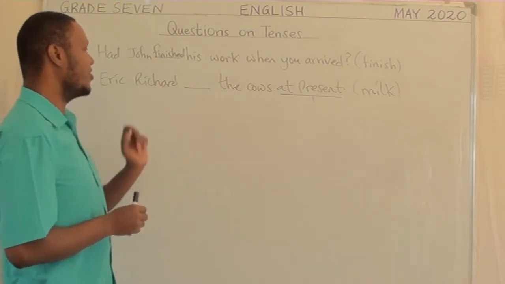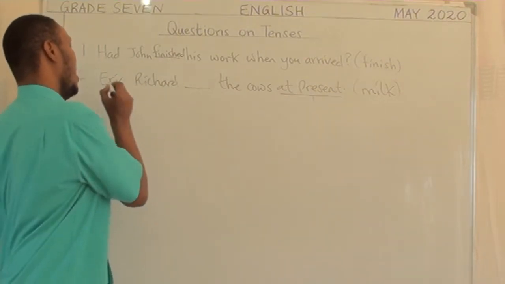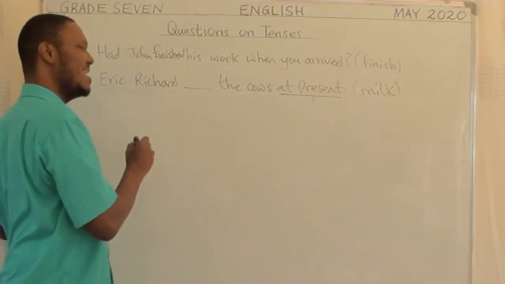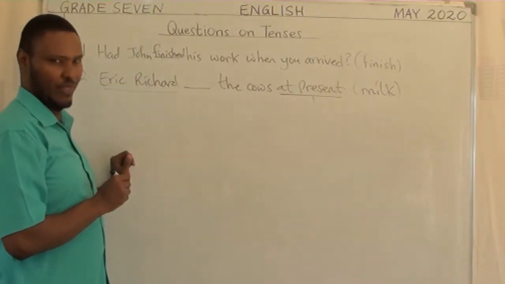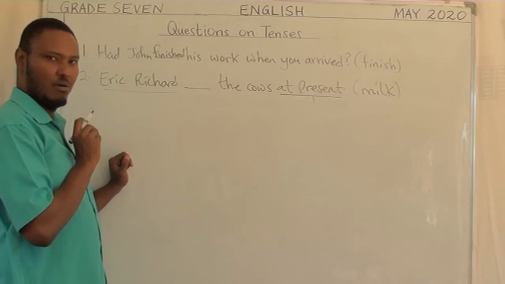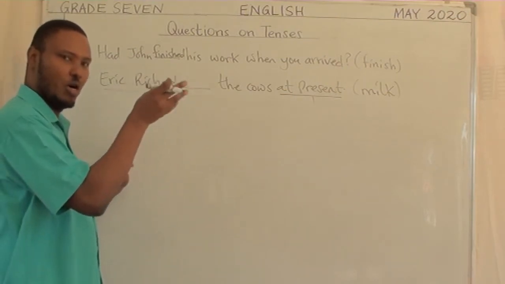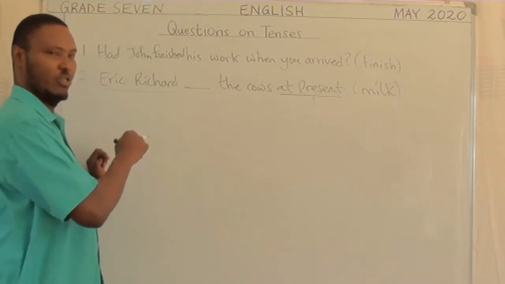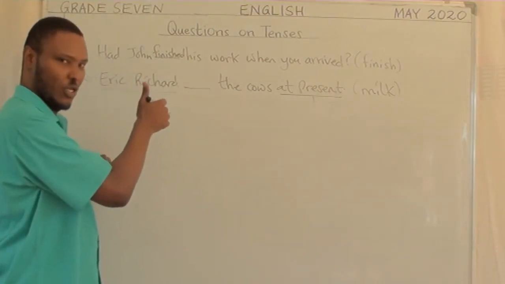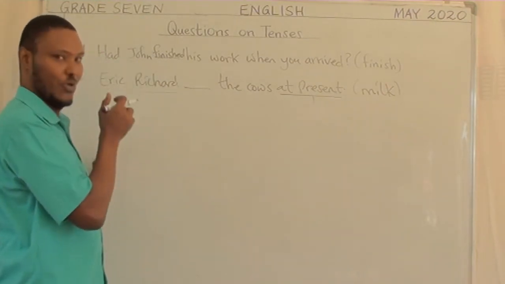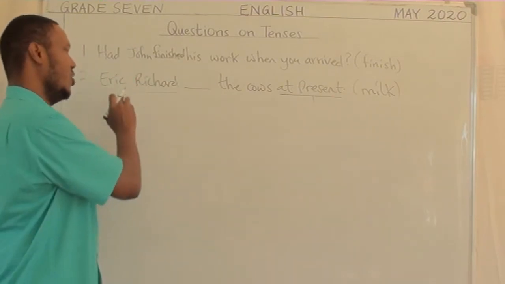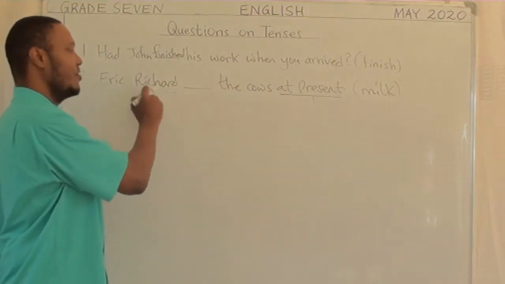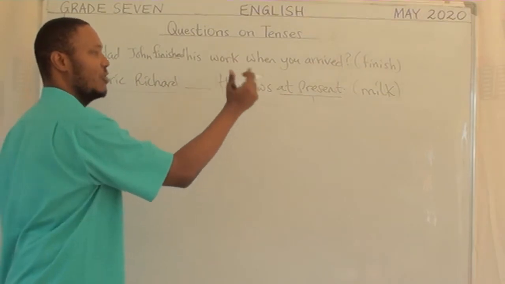So ask yourself, where does Eric Richard fall? Is Eric Richard I, or we, or you, or he, she, it, or they? Eric Richard is a person, we are talking about this person. Eric Richard is male, so we say he. So the pronoun that can be used instead of Eric Richard is he. So he dash the cows at present.